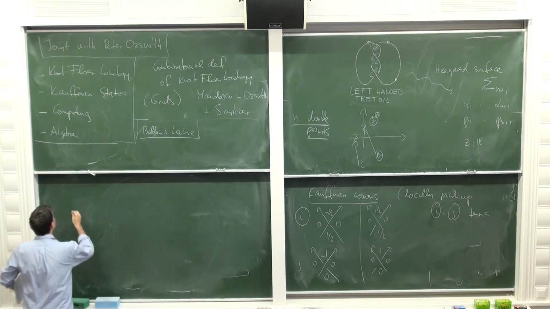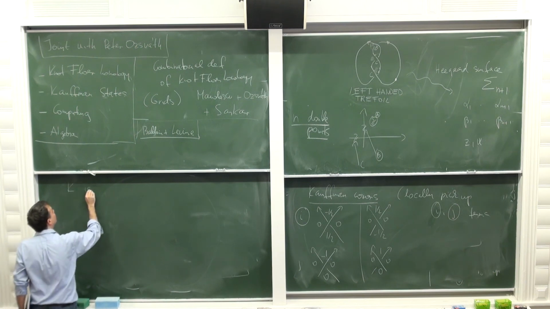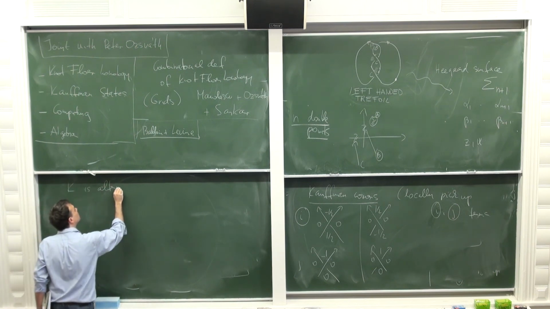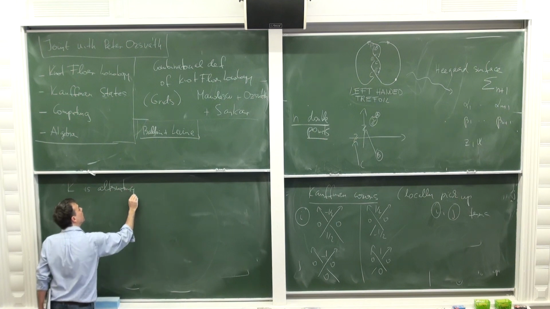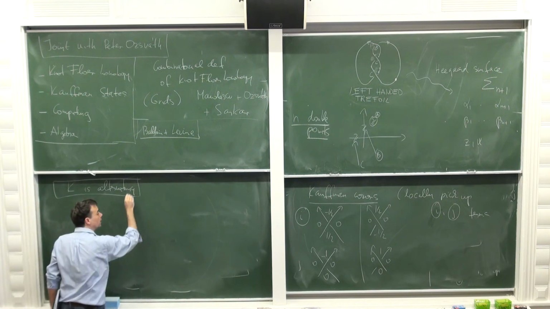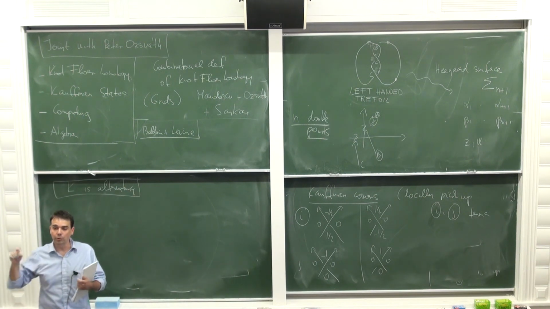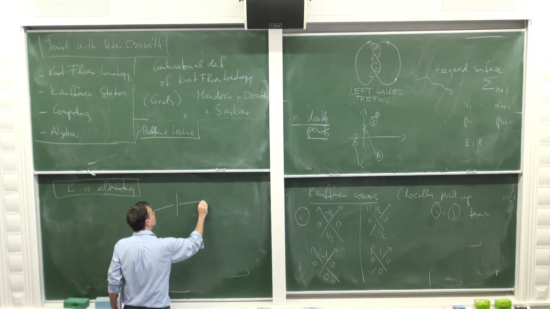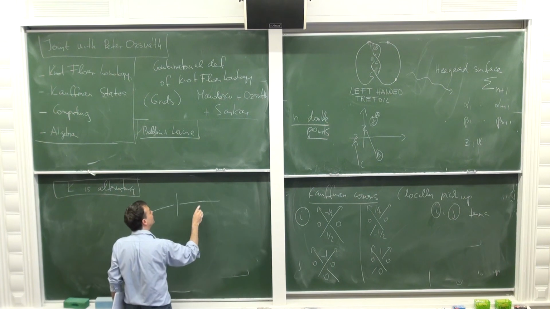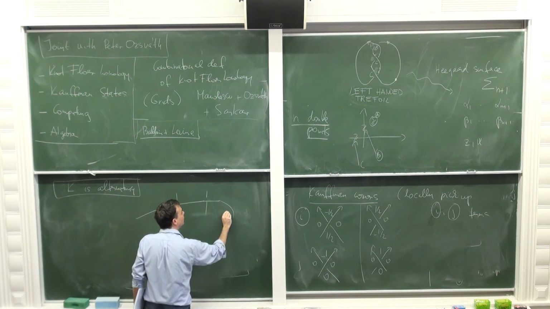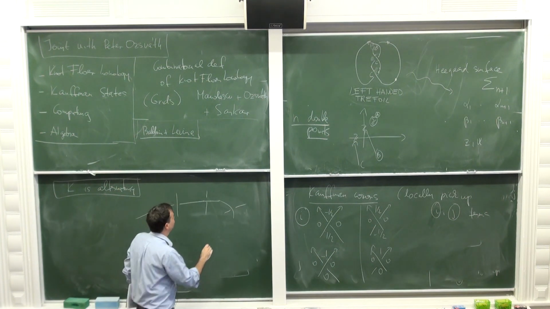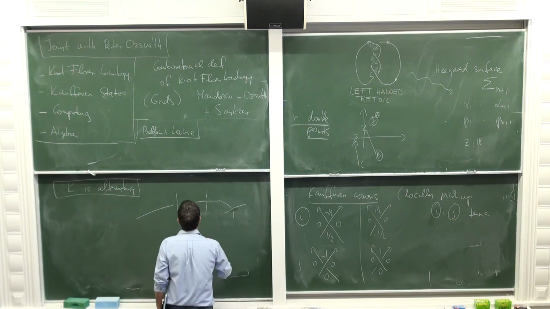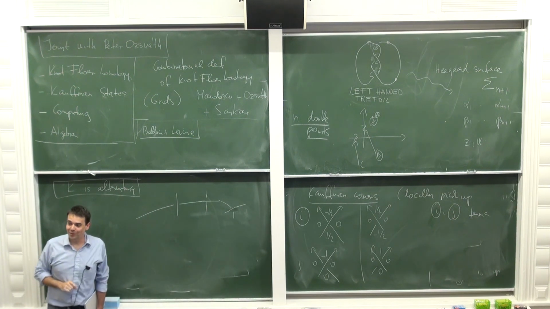So in special cases, alternating knots, it actually works beautifully. Alternating means that when you go around the knot, the under and over crossings alternate. So you go under, over, again under, and so forth. So this will be alternating.